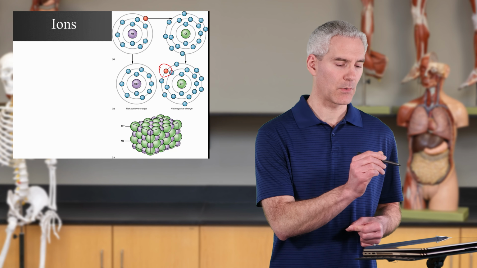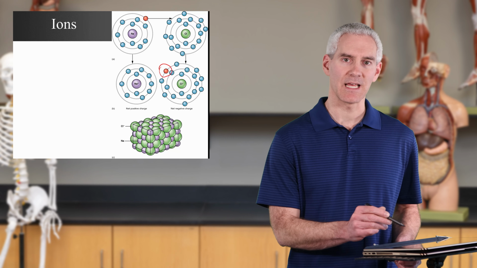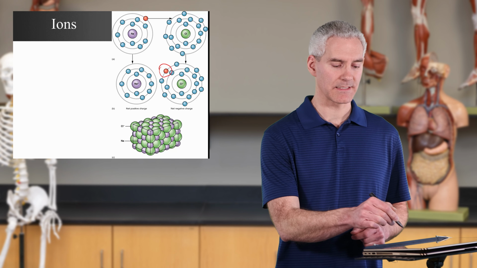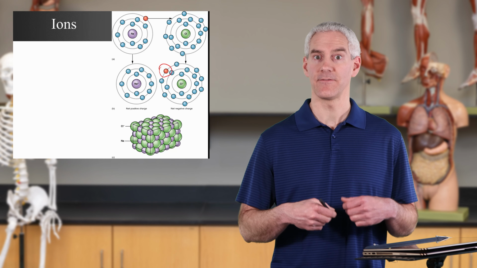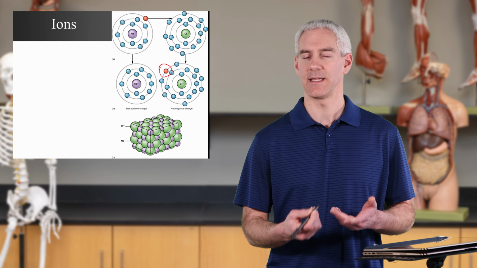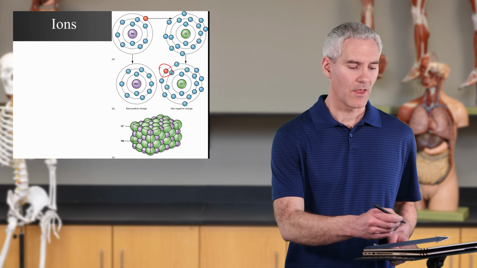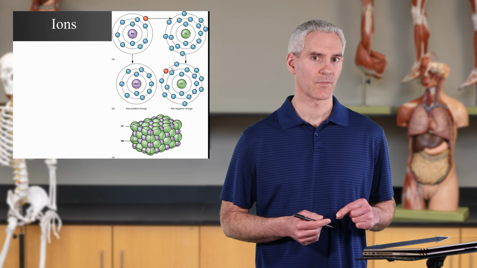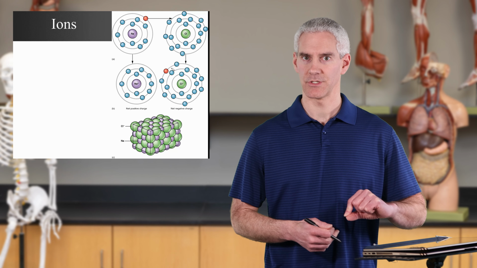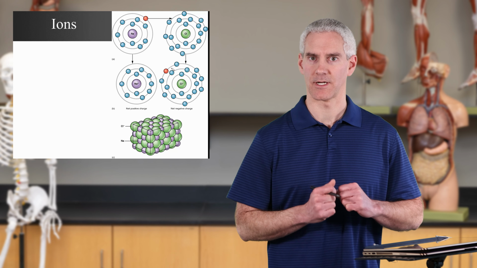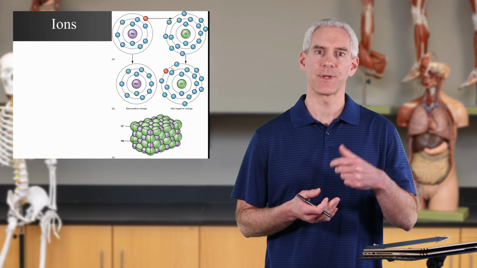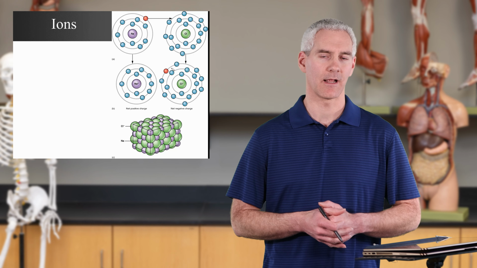This allows both the sodium to have an empty valence shell and be stable, as well as the chloride to have a full valence shell and be happy. This results in the sodium ending up with a positive charge because it gave away an electron, and the chloride having a negative charge because it accepted an actual electron.